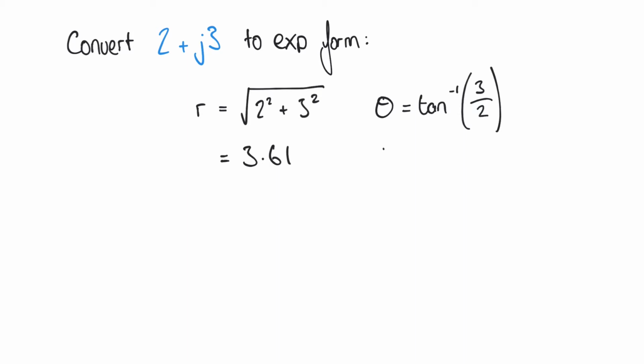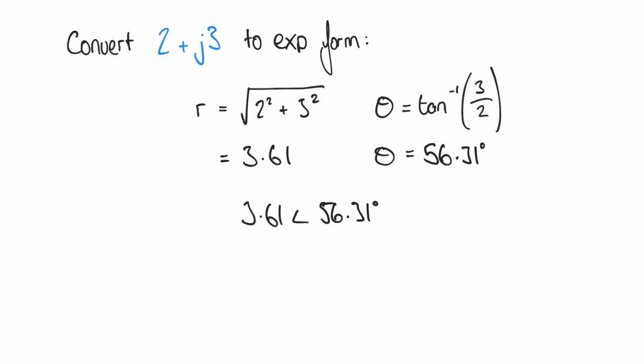And our angle, tan to the minus 1 of 3 over 2, using a scientific calculator set to degrees, gives 56.31 degrees. So we can represent our complex number here as 3.61 at an angle of 56.31 degrees. That's in polar form.